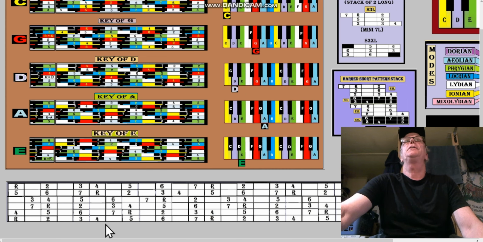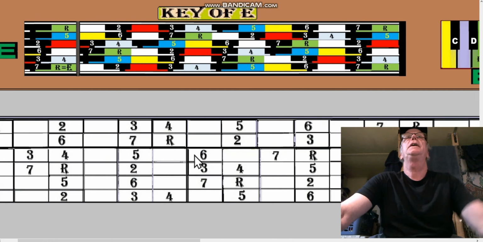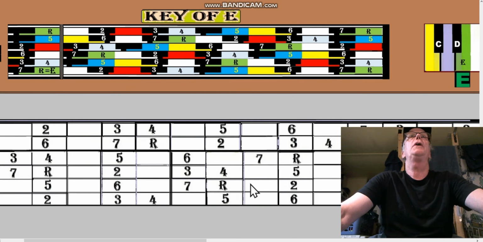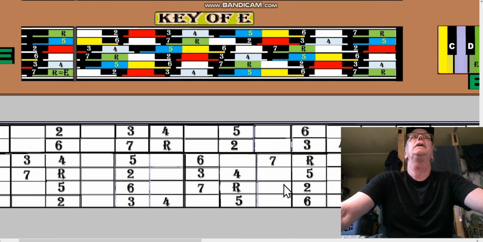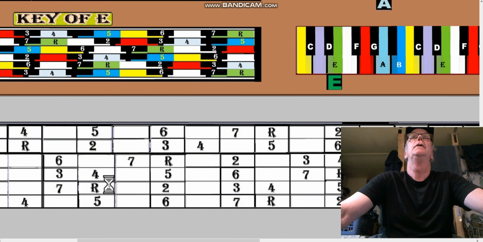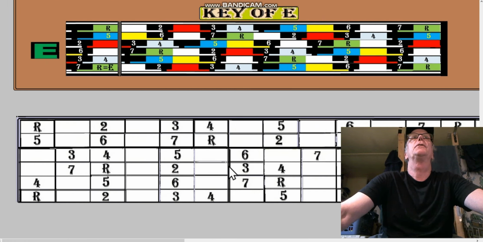This is just a generic fretboard in case we have to discuss some relationships between things. Where we were was here, but it wasn't. E was the root, so we were actually right here. Let's see if I have a root that's further down. Right there, E is the root for 5 R. This is what we were doing.